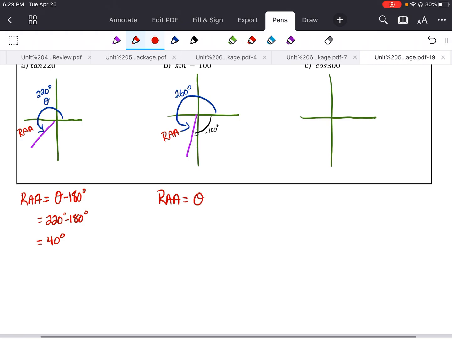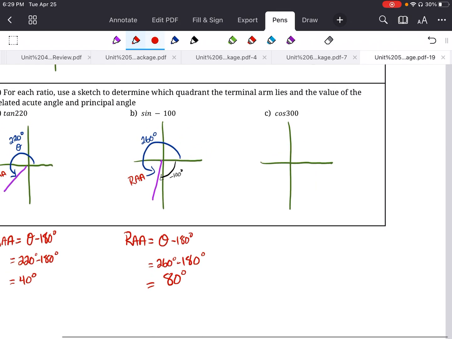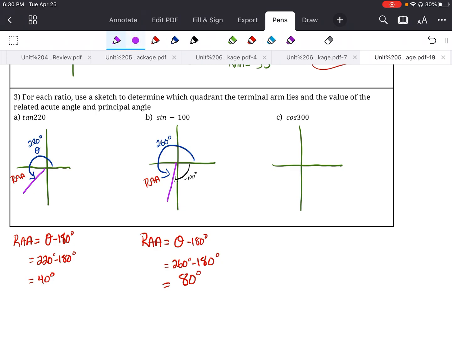So it will be the same formula of the principal minus 180, 260 minus 180 equals 80 degrees.